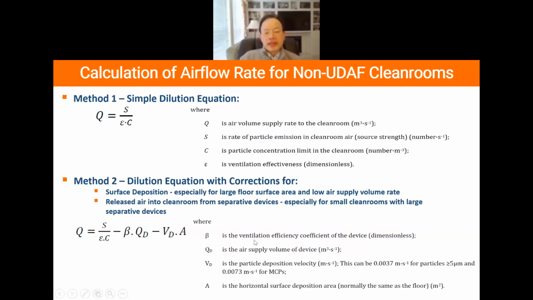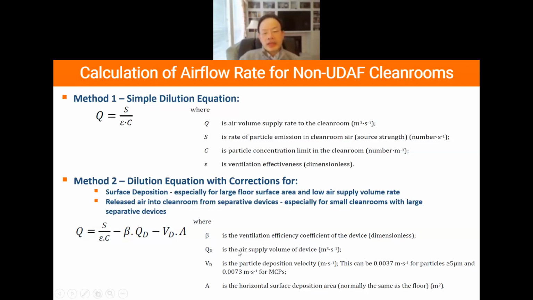So beta is the ventilation efficiency coefficient of the separative device, and there is a way to measure the coefficient, or the manufacturer may have data for that.